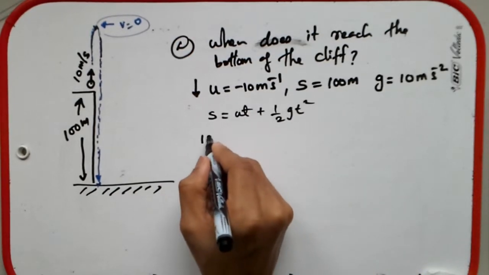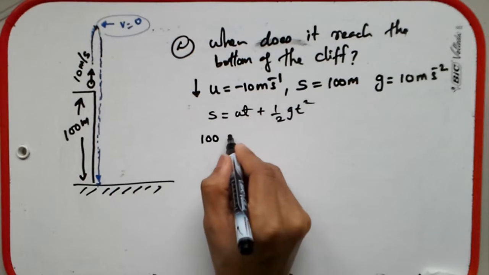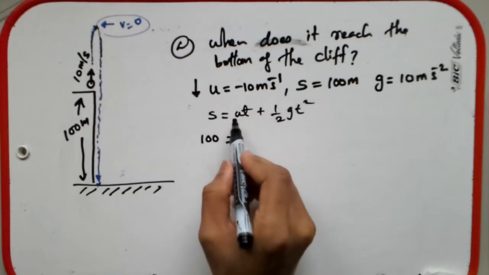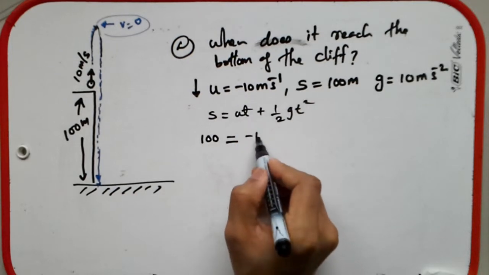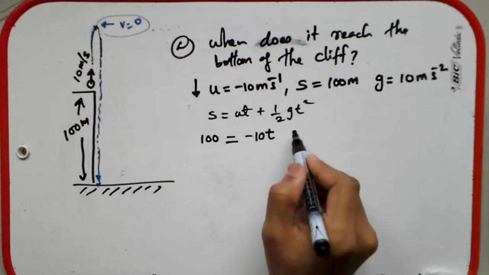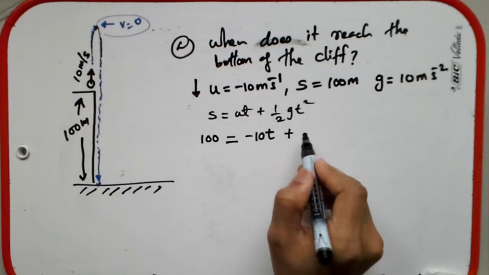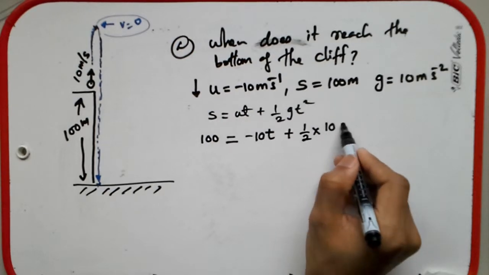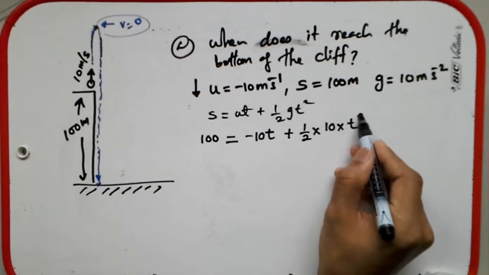So S equal to 100. What about u? U is minus 10 t, minus 10 t plus half g is 10 t squared.